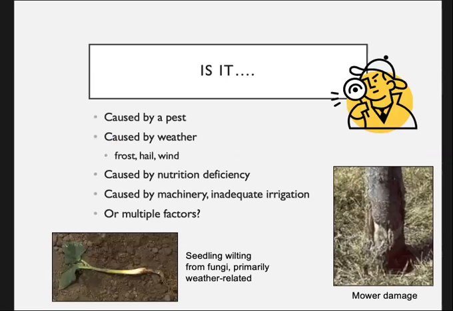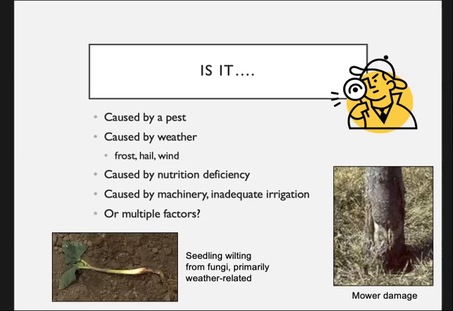So diagnosing the problem will no doubt require some detective work on your part. You could take a look at historical patterns in your area. It's helpful to talk to local farmers and growers and get a sense of what issues you might run into before even beginning.